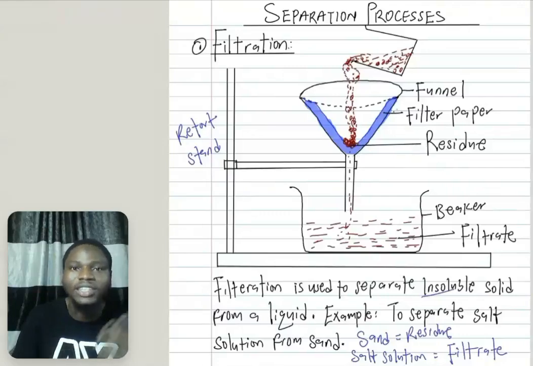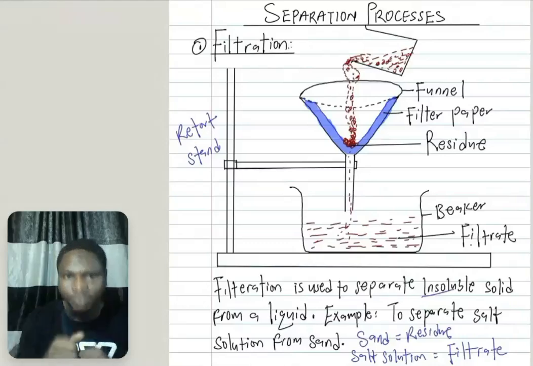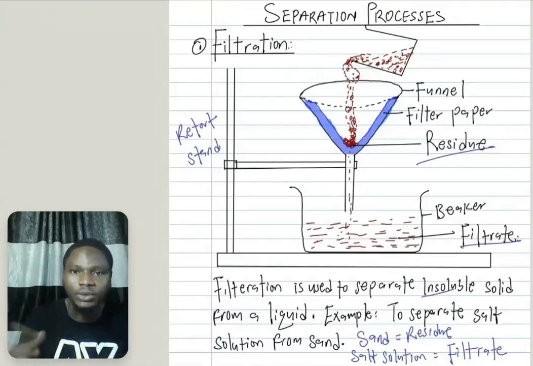Now, the salt solution is the soluble component. The soluble component will pass through the filter paper into this beaker you have here. And that component here is the salt solution, which is the filtrate. It means that after you separate using filtration, you will have the residue and you also have the filtrate. The residue is the insoluble component, while the filtrate is the soluble component of the mixture.